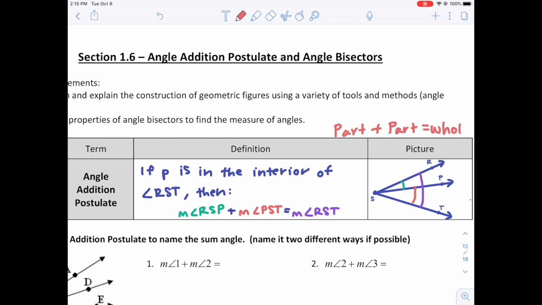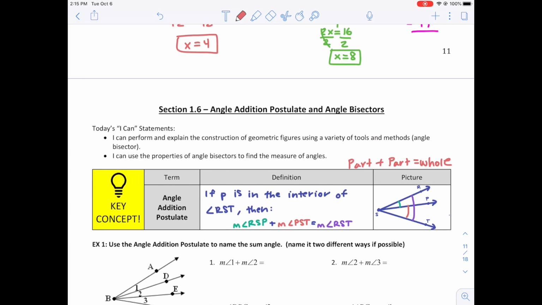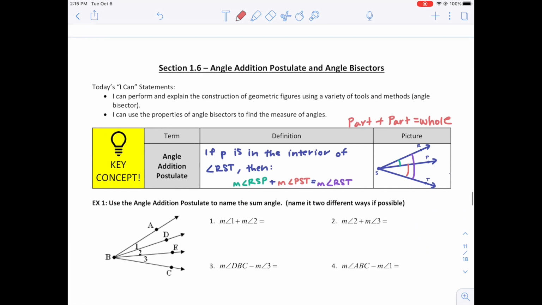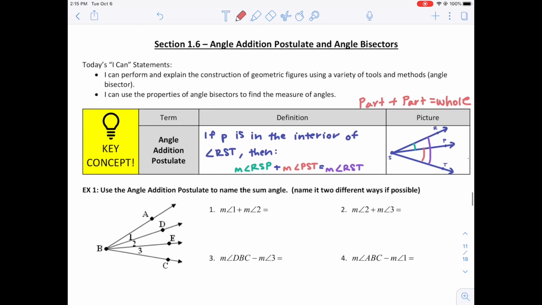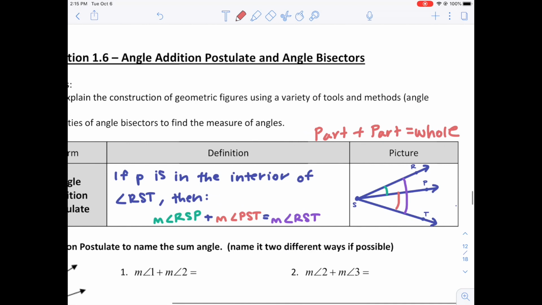So you just got to think to yourself, okay, what are the two parts? And then what's the whole? So that's what's going on here. I had RSP and PST. Since P is on the interior of the larger angle, those two angles add up to the larger angle.